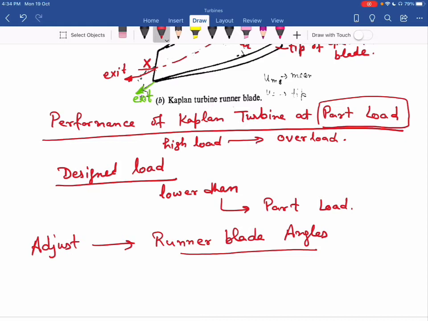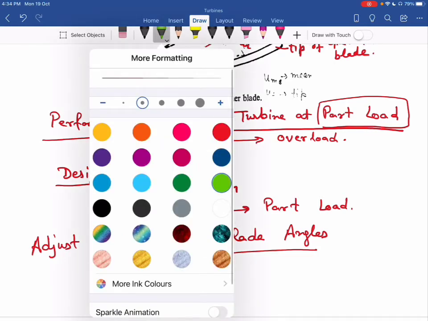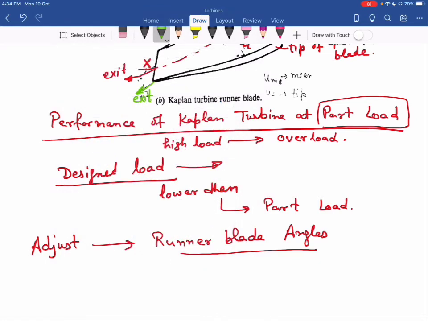So by the change in runner blade angle, water enters the runner without shock. Corresponding to this design load, I have some design parameters of angles. Those angles are alpha I, beta I, and then alpha O, beta O. At the inlet, I have alpha I and beta I. These values are adjustable in case of Kaplan turbine.